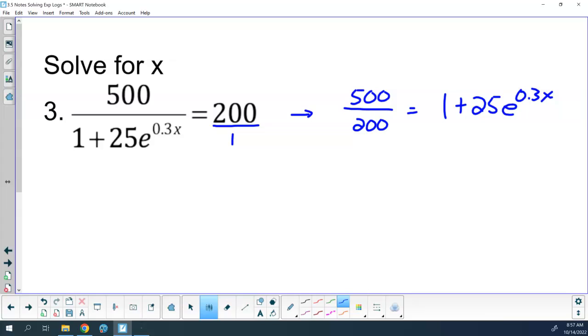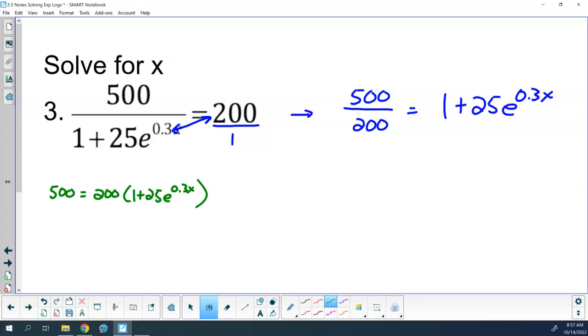I can just flip-flop those. These, because they're on the same diagonal in the cross multiplication, I can flip-flop them. Because that's what we would have done the long way: 500 equals 200 times 1 plus 25 e to the 0.3 x power.